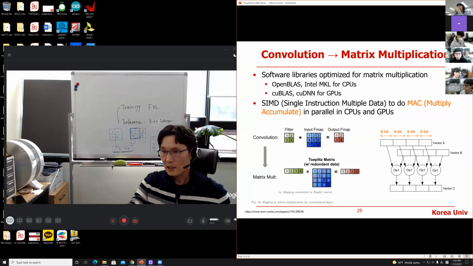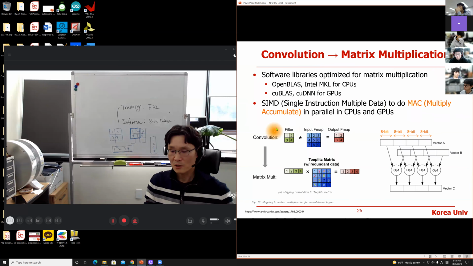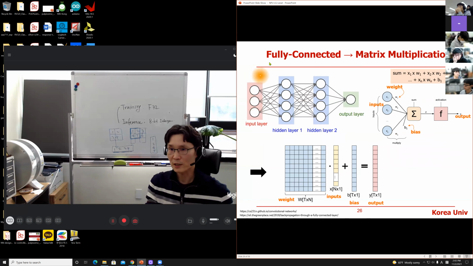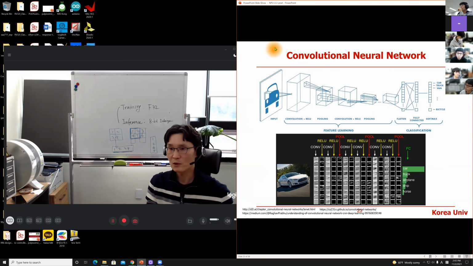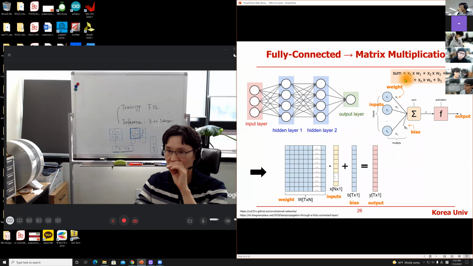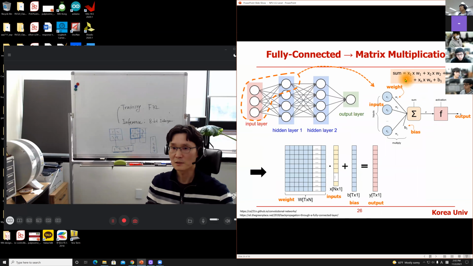Also, not only convolution, but the fully connected layer. If you go back, not only convolution, but the fully connected, the second step, can also be represented with matrix multiplication.